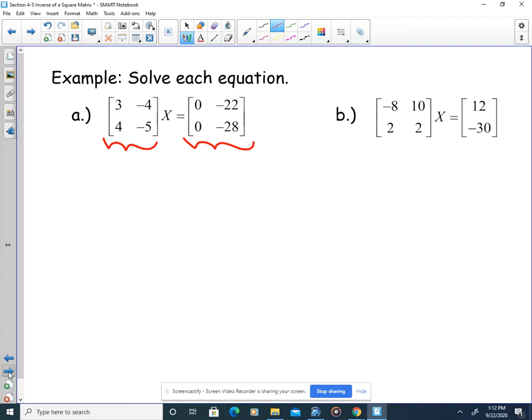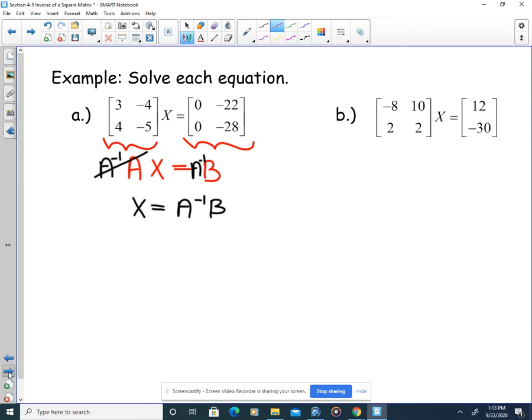So it's in the form A times X equals B. To solve for X, we multiply both sides by the inverse of A. The inverse of A and A cancels out. So X is equal to the inverse of A times B.